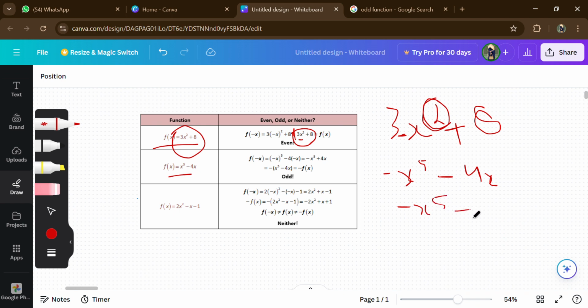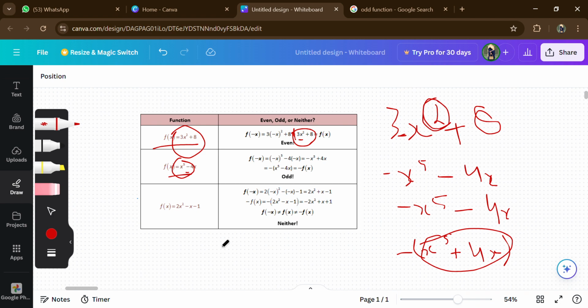So if we take the whole negative, it will lead to making the equation as this, plus 4x. This is the whole negative formation. So is this the same as this one? No, there's a change in the sign, so this is called the odd function.